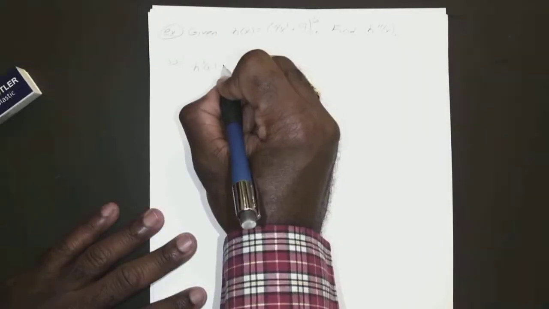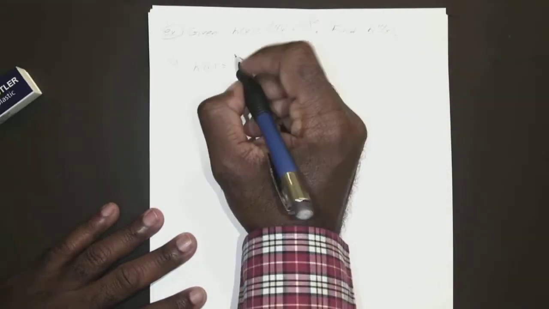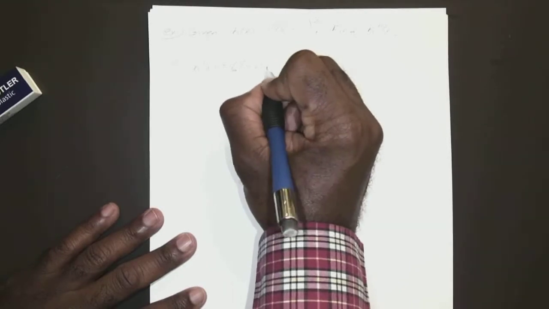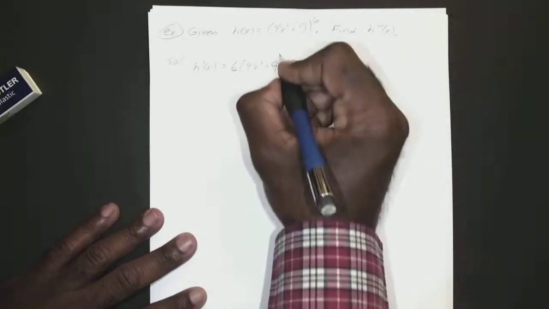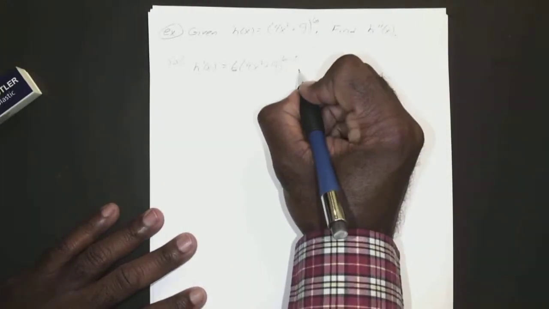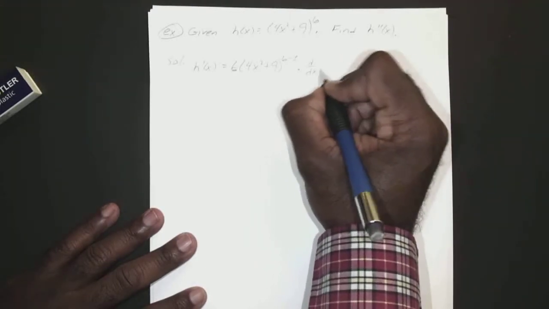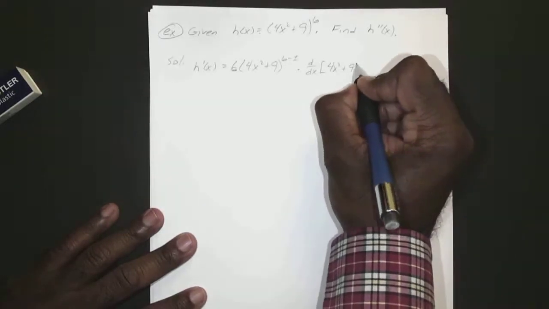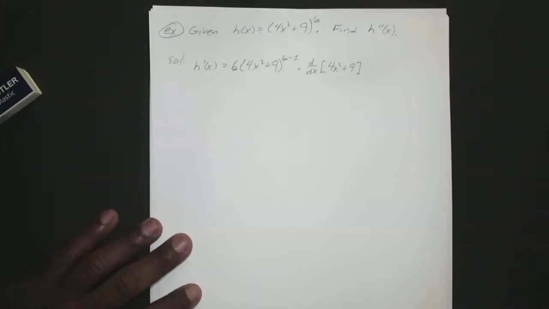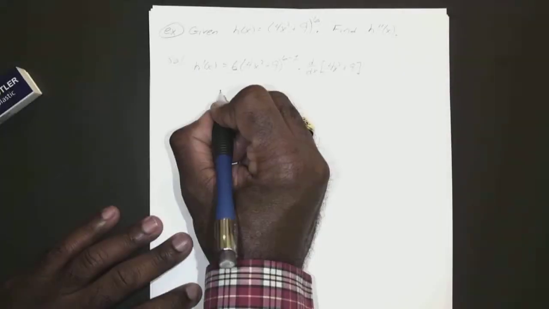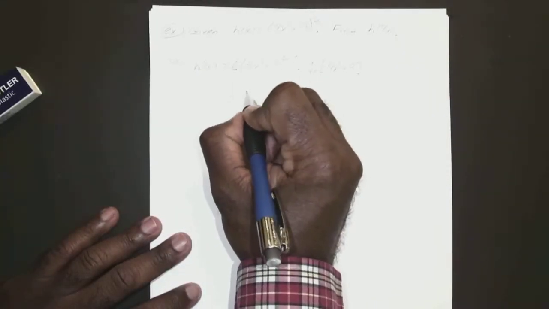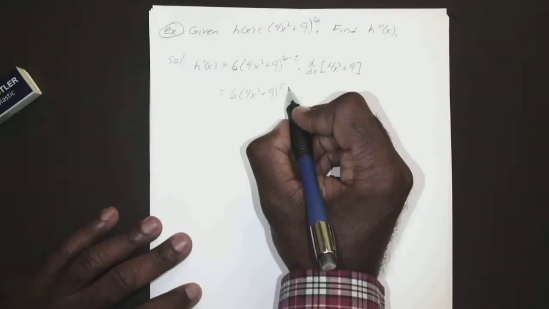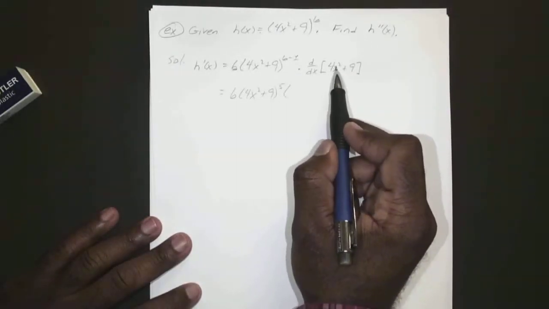H prime of x is equal to, we're going to bring our 6 down. 6 times 4x squared plus 9, subtract 1, times the derivative of what's inside. Okay, so that's going to equal 6 times 4x squared plus 9 to the fifth times the derivative of 4x squared.